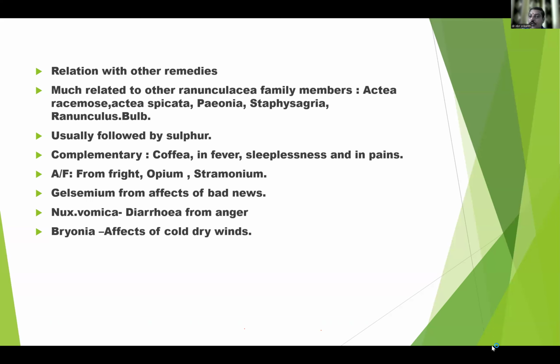So it will take about 48 hours to come into that picture, and that 102 will come in 1 hour for Aconite. Such violent stormy nature is in Aconite, such slow and insidious onset will be there in Bryonia.